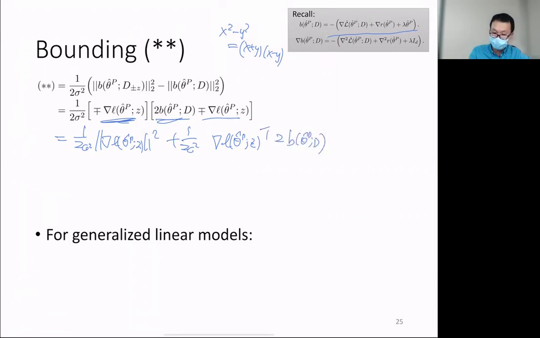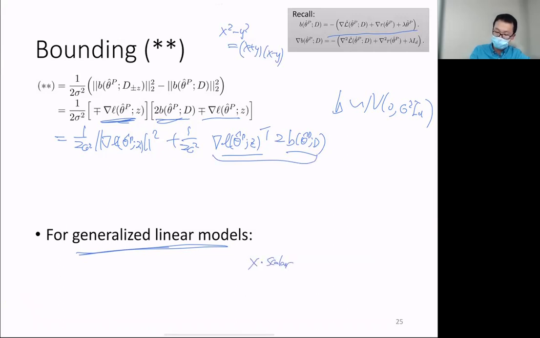So observe that these two are not really independent of each other, but we do know that b is drawn from a normal distribution, right? So the output will affect what this looks like. However, for the generalized linear model, we actually admit a very useful bound here, because we know that the second term is x multiplied with some scalar, and then the inner product with b.